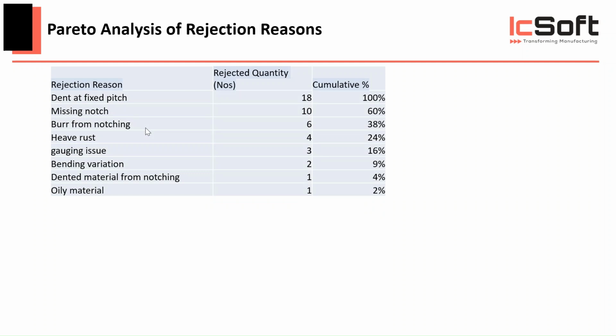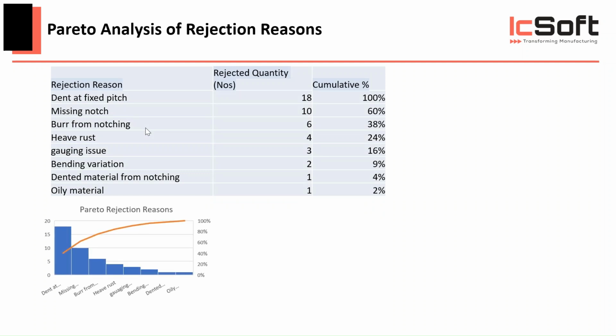So once we have captured the rejection reasons, this report shows the quantity or the occurrences of rejections according to each of the reasons, and then a Pareto analysis of that is carried out, which tells us where to focus on if we want the maximum impact.